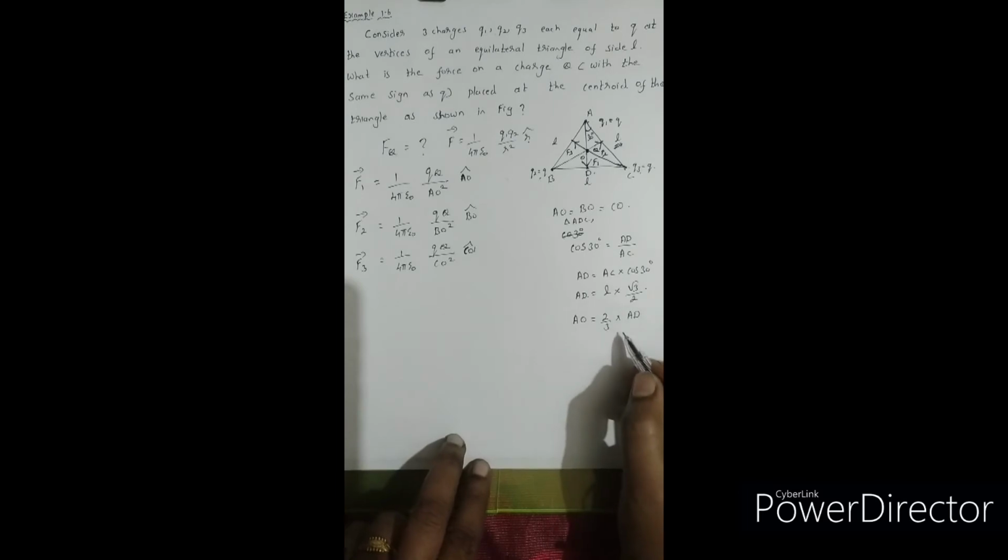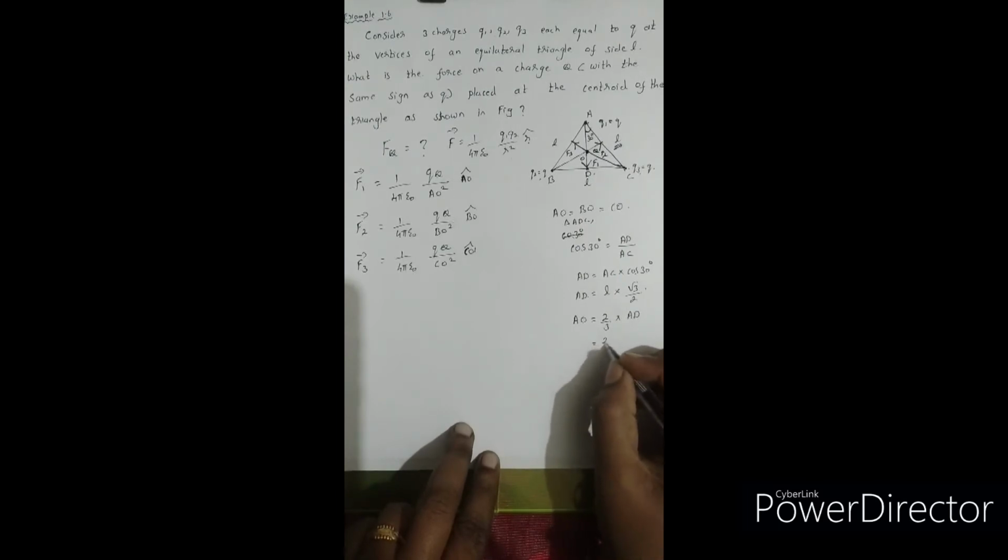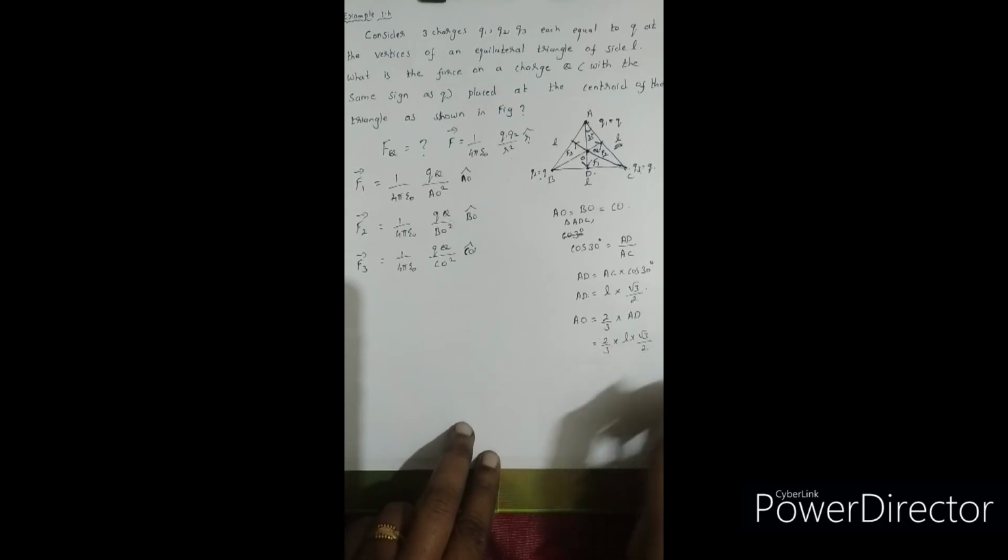Okay, right? So this we have already studied in our lower classes. So this O is the centroid point, means this is the perpendicular bisector, means the AO distance will be equal to 2 by 3 times AD. Okay, so 2 by 3 times AD. So we have gotten the value for AD, so into L into root 3 by 2.